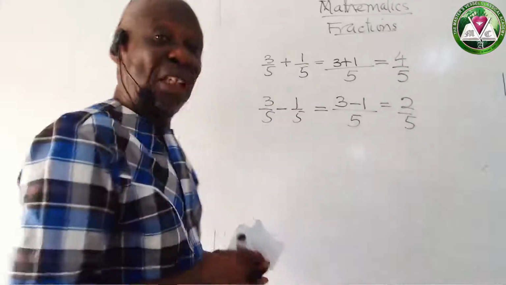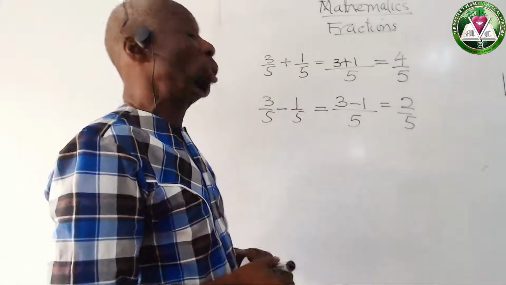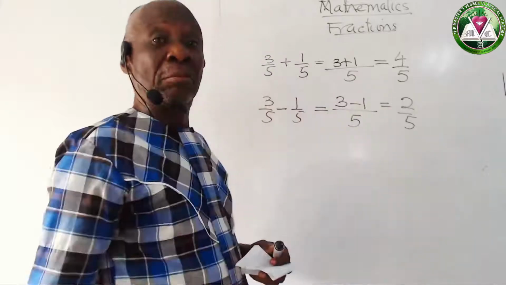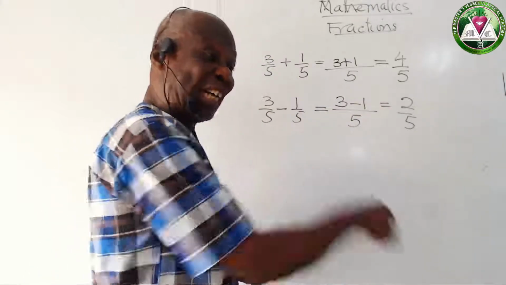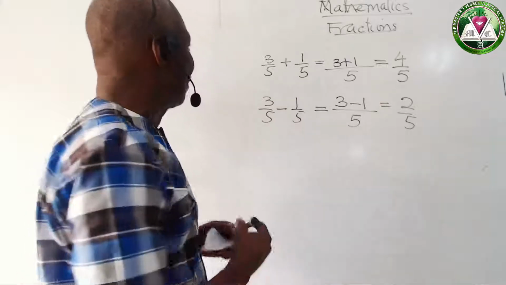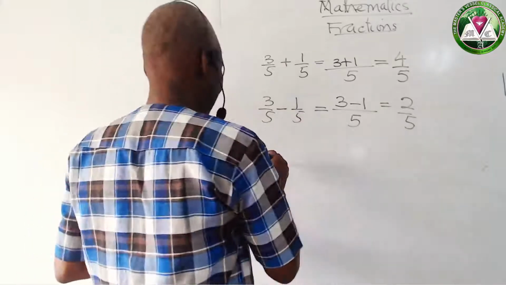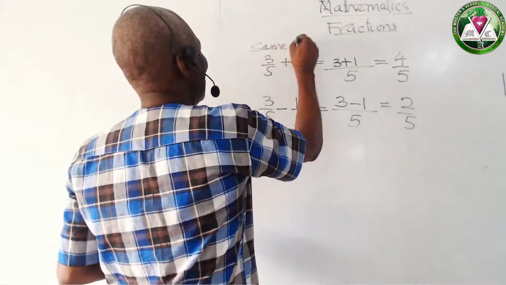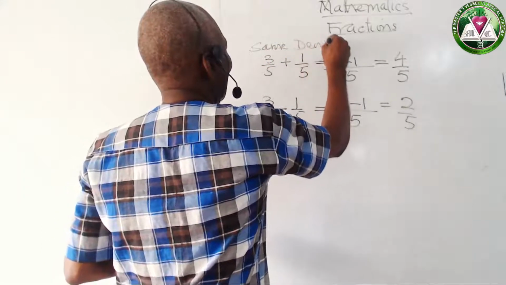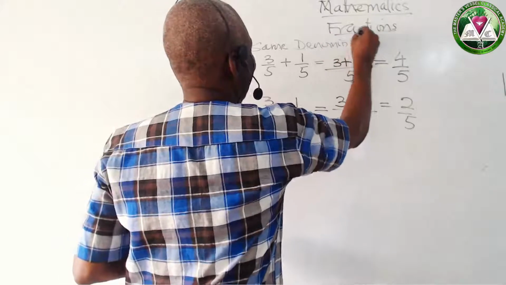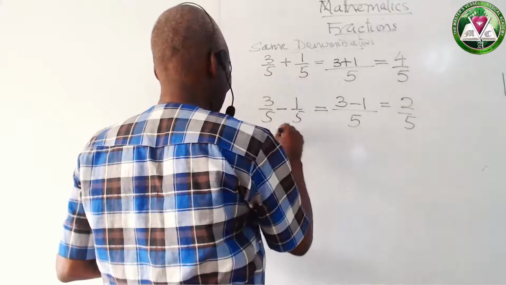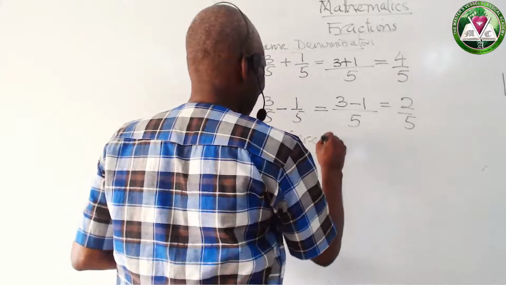Does it mean that this is how it will always be coming? The answer is no. Certain times the fractions will be different. That was why we were able to work the other time on equivalent fractions. Let's take that time. These ones are same denominators. Here, different denominators.